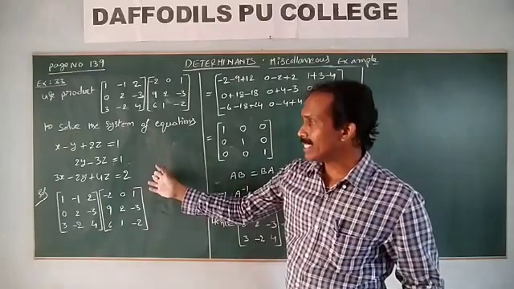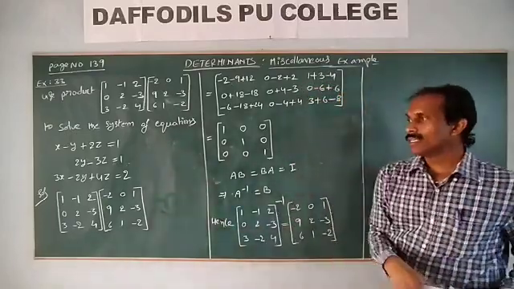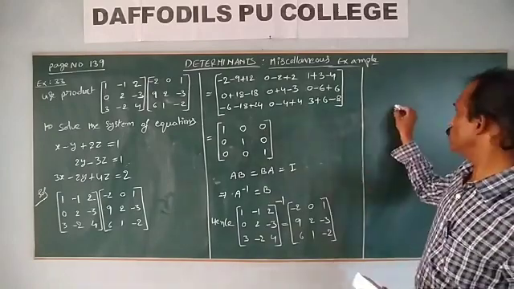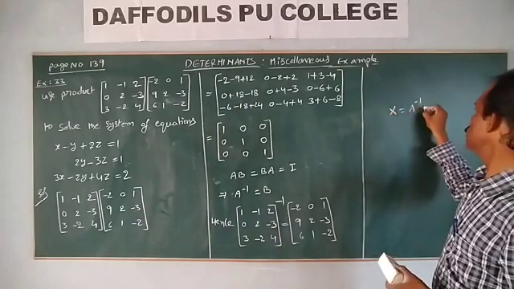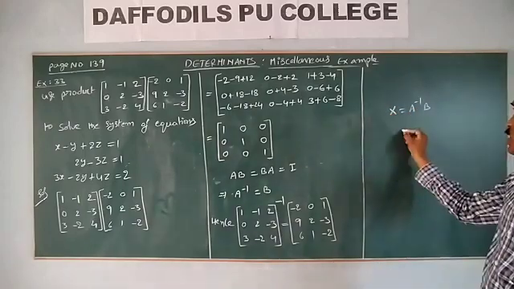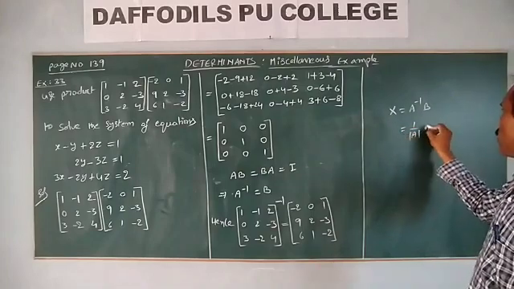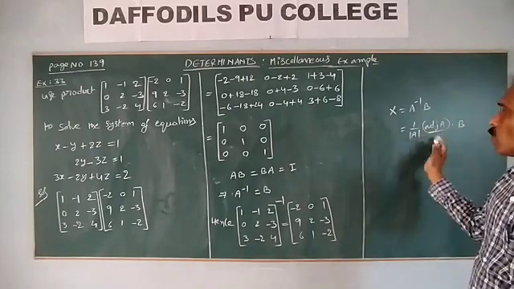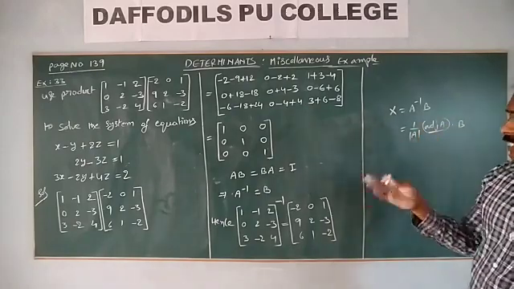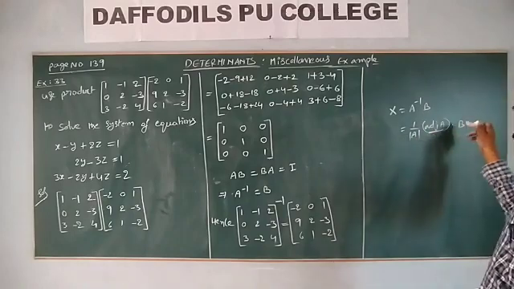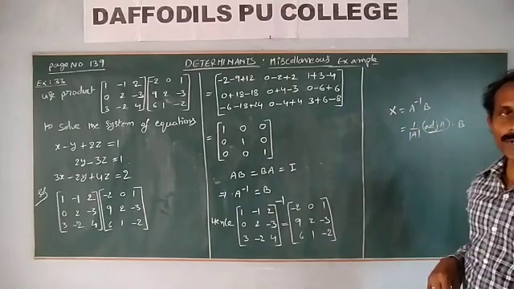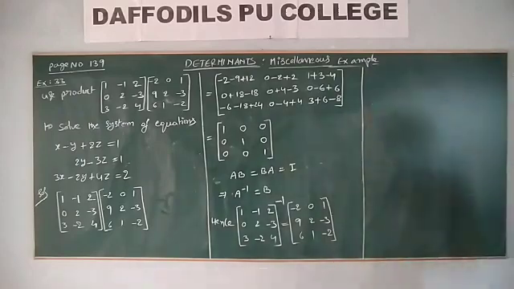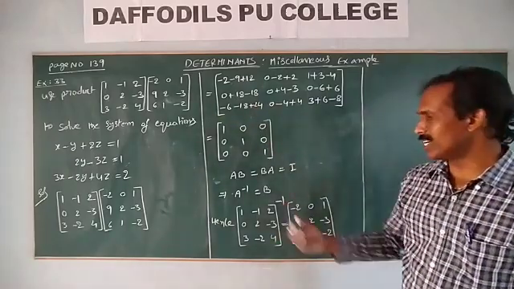In that matrix method, the solution of the matrix X is equal to A inverse into B. What is A inverse? 1 by determinant of A into adjoint A. Adjoint A means cofactors of A. First cofactors, next adjoint, then 1 by determinant A into adjoint A and into B. Then you get the variable matrix, the values of X, Y, Z. Okay, here this method is not necessary. They ask to use the product, use this concept.